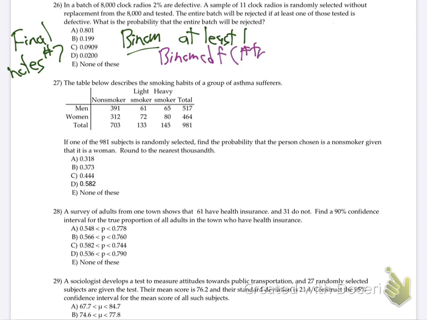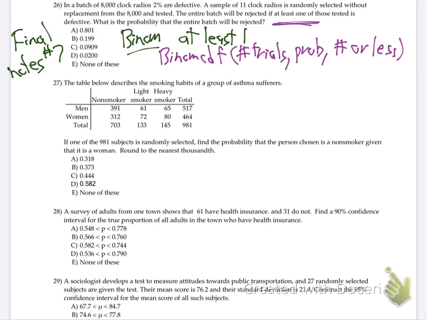Number of trials, probability, and then number or less. So they're saying that we want to have at least one of those defective. At least one defective. Okay. So what's the number of trials? 8,000. Yeah, it's 11, isn't it?